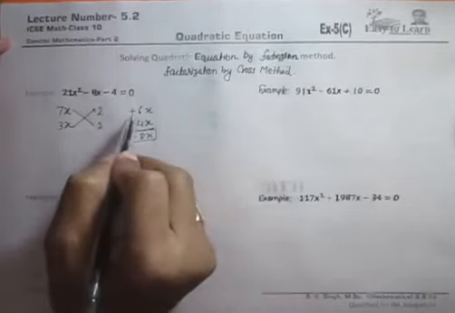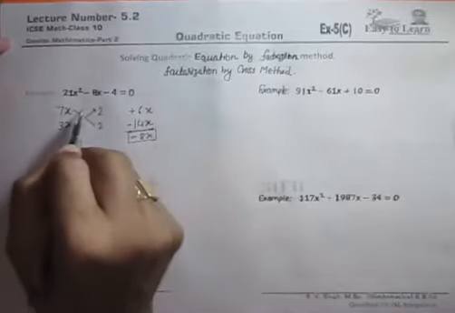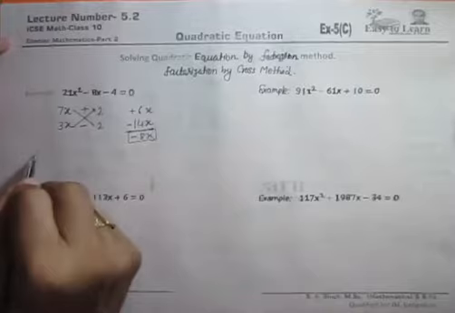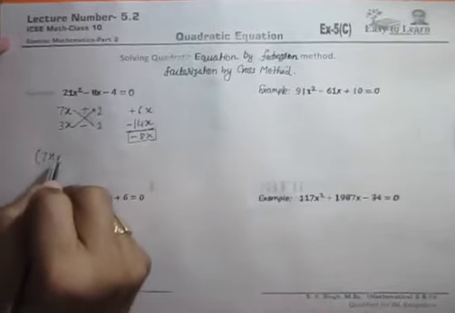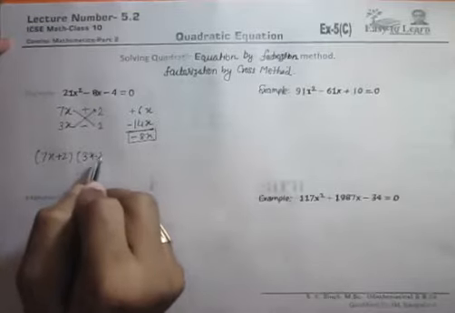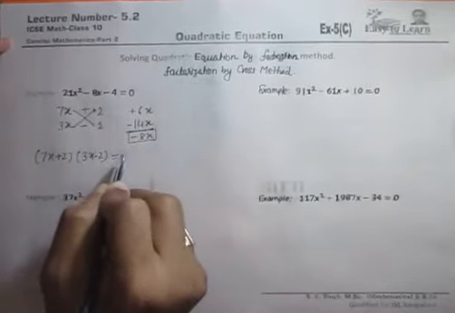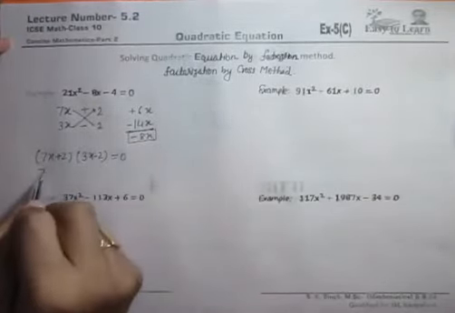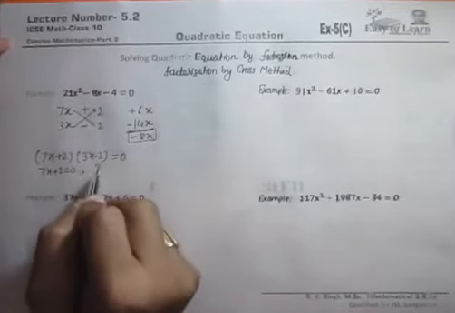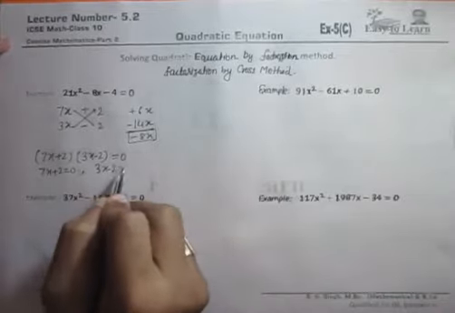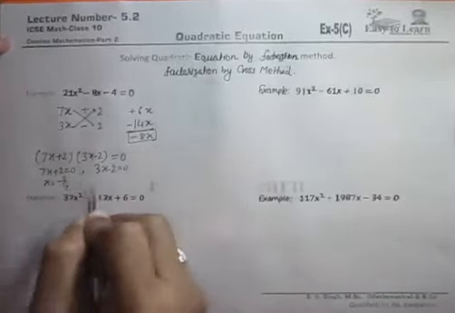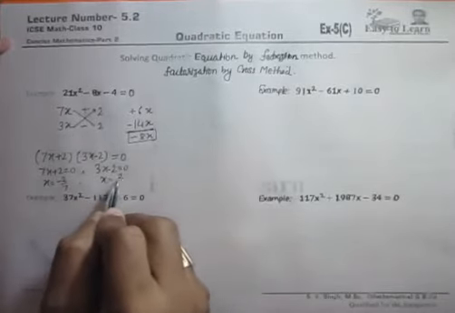So the factors will be 7x plus 2 and 3x minus 2 equal to 0, and after that 7x plus 2 equal to 0 and 3x minus 2 equal to 0. So from here you will get x is equal to minus 2 by 7, and from here x is equal to 2 by 3.